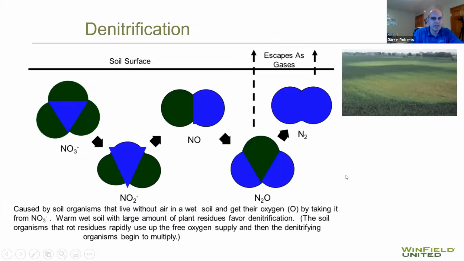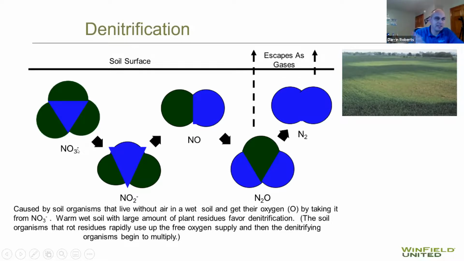Okay, kind of moving on to denitrification, exactly what that is. So once the nitrogen has been converted over to nitrate, if we deal with warm, wet, saturated soil conditions, such as what's shown in that picture on the right, if we've got these wet pockets out in fields mid-season, in those saturated soil conditions, we tend to see increased denitrification, and that's what's shown here with the yellowing of that corn crop.